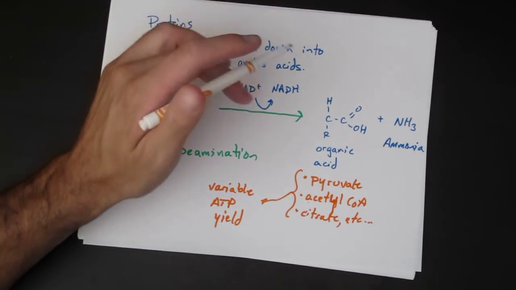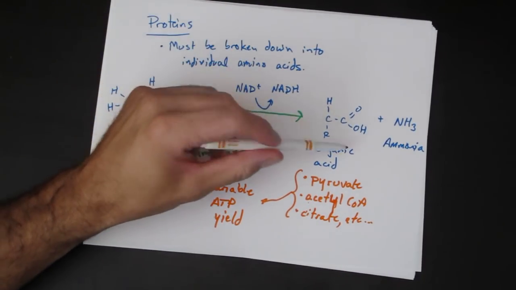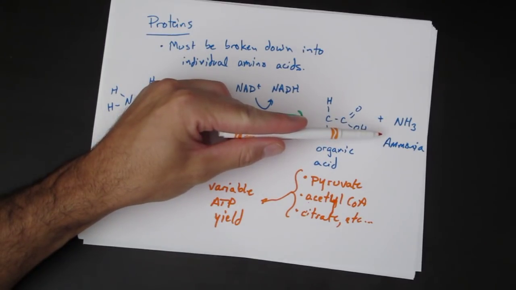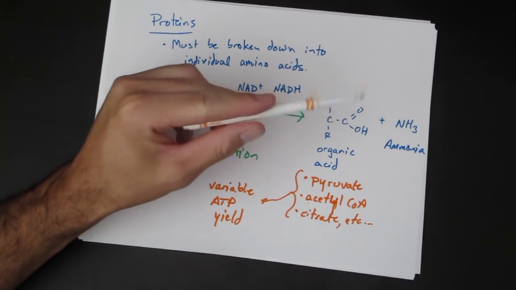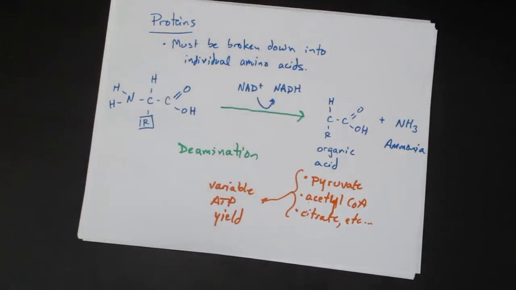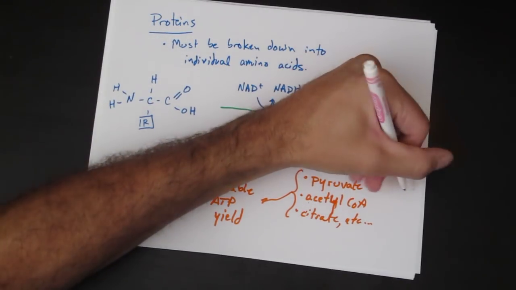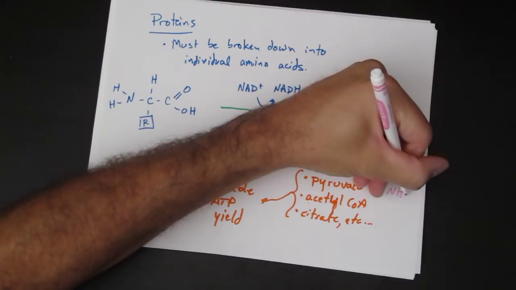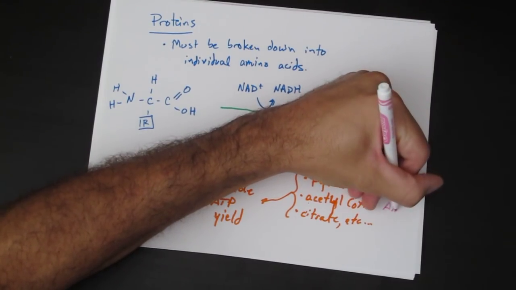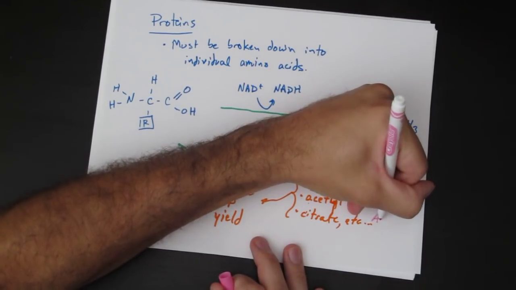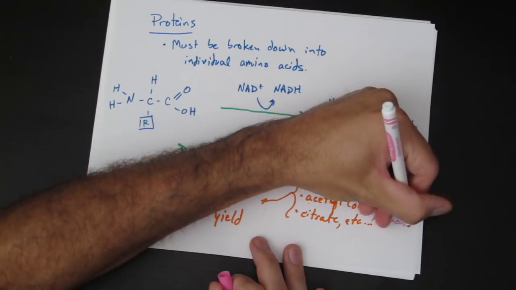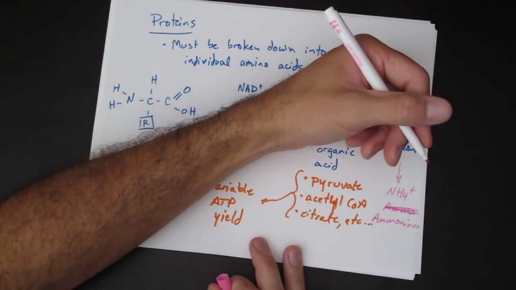The other thing we have to deal with when we metabolize protein is that ammonia being produced. As you're probably aware, ammonia is extraordinarily toxic. So ammonia is going to be detoxified fairly quickly. It's going to pick up a proton and get converted to ammonium very quickly.